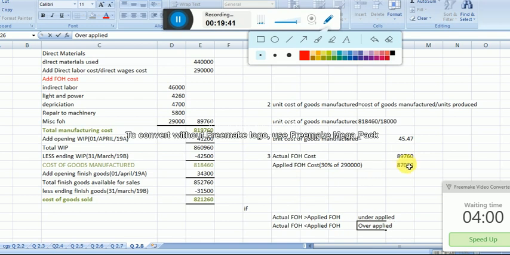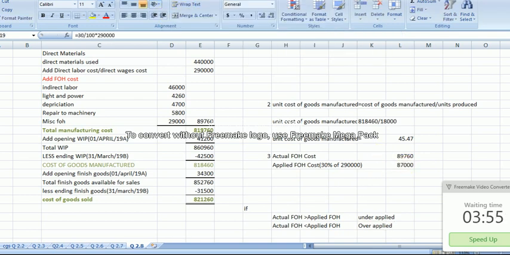In this case, our applied is 87,000 and the actual FOH cost is 89,760. It means we are under applied. How much? We considered the FOH less.